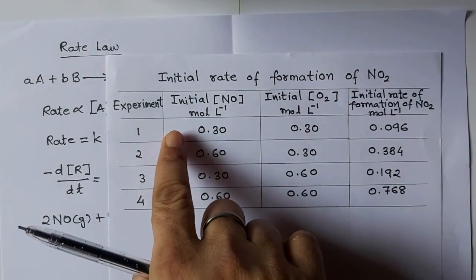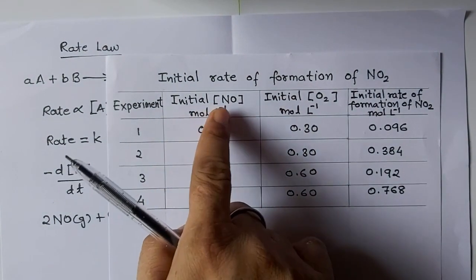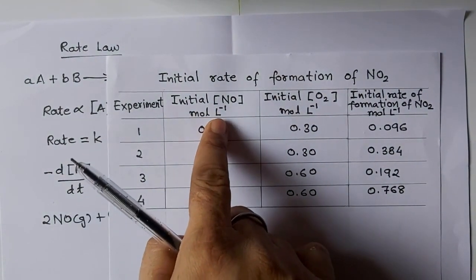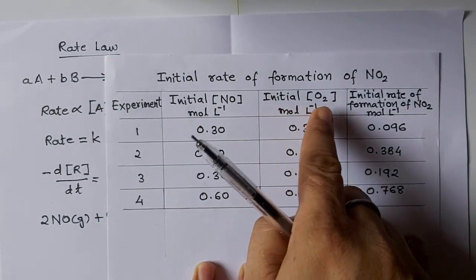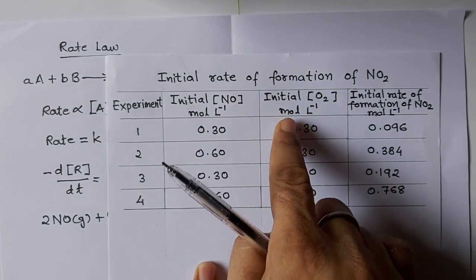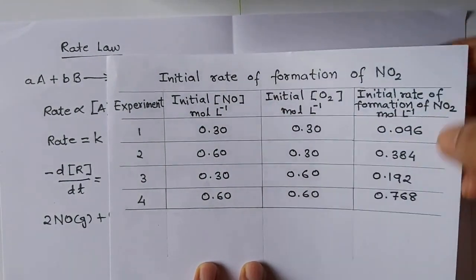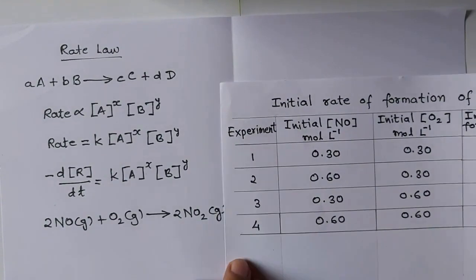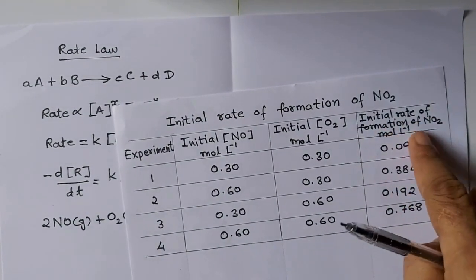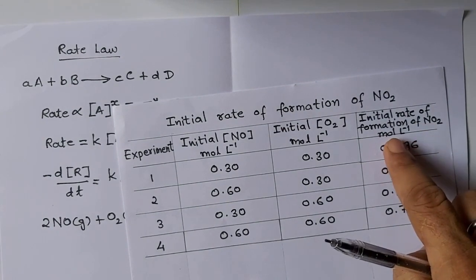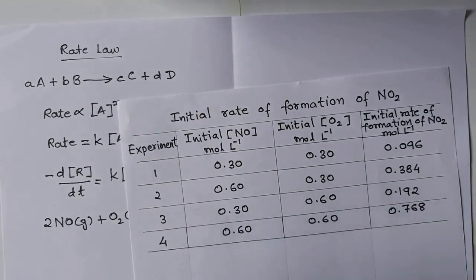This is the experiment number, then the initial NO concentration in mole per liter, this column shows the initial O2 concentration in mole per liter, and then the product NO2. It shows the initial rate of formation of NO2 in mole per liter. So these are the experimental values.